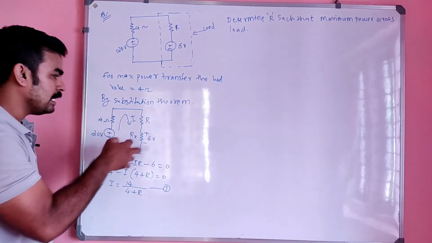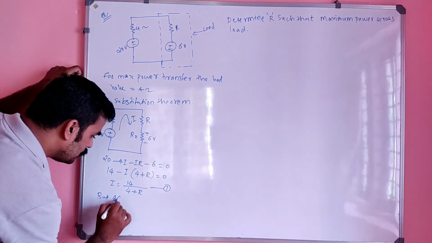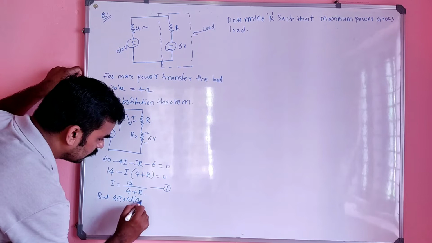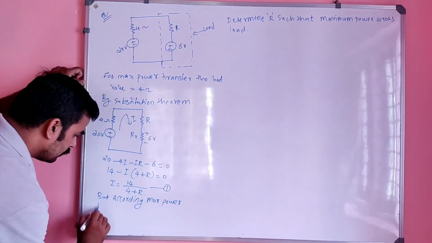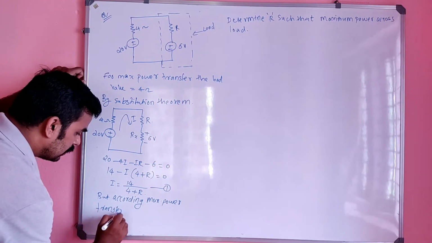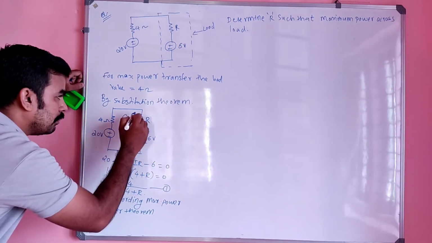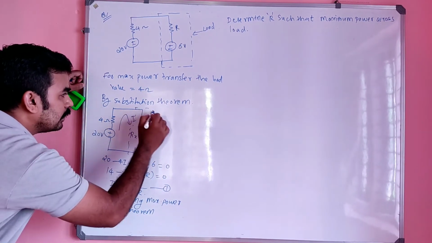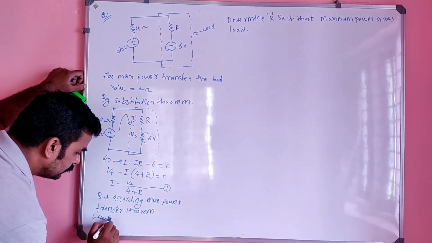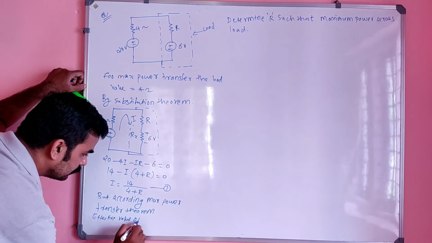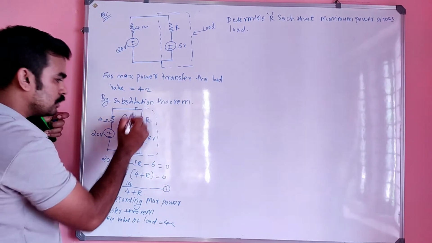That means the total current I will be equal to, but according to the maximum power transfer theorem, the load side, this side, effective value of load equal to 4 ohm, so that this is also 4 ohm, right?